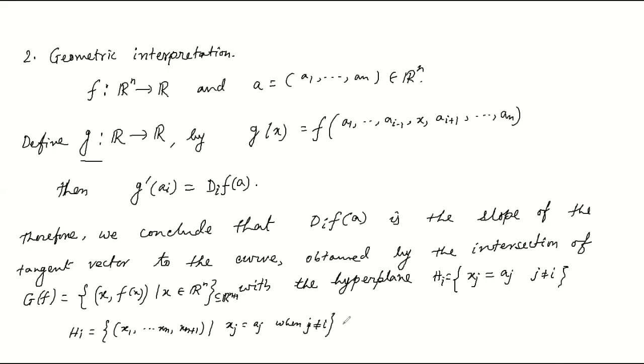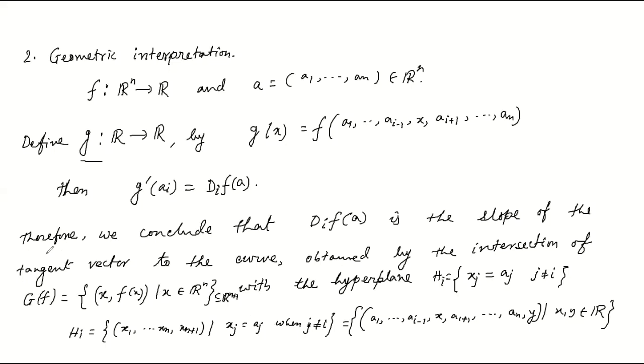More precisely, this is equal to the points (a1, and so on, a_(i-1), x, a_(i+1), and so on, an, y), where x and y are in the set of reals.